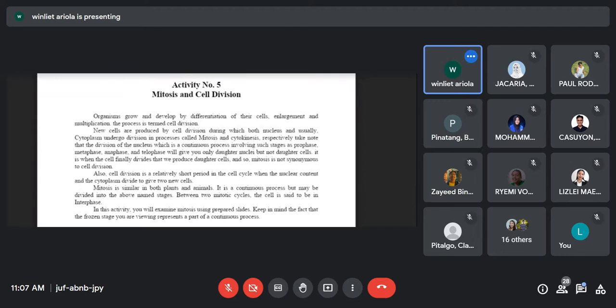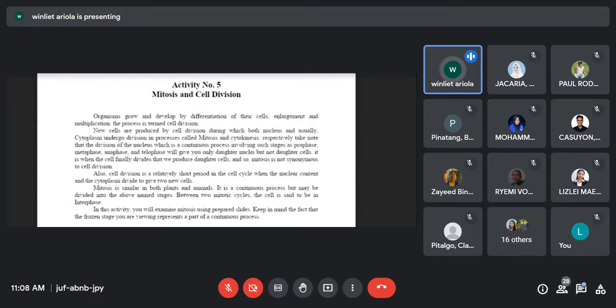Hindi sila the same dahil magkaiba ang kanilang results or end product. But mitosis is part of cell division. Remember, if I will be asking you to compare and contrast mitosis and cell division, remember that mitosis is part of cell division.